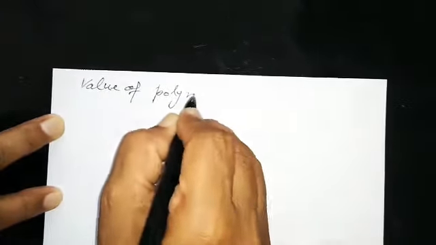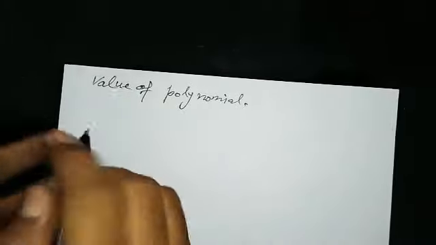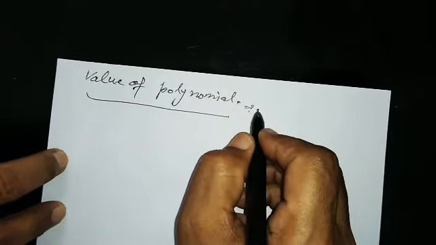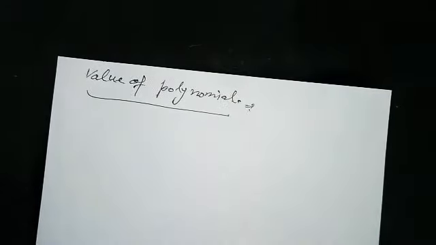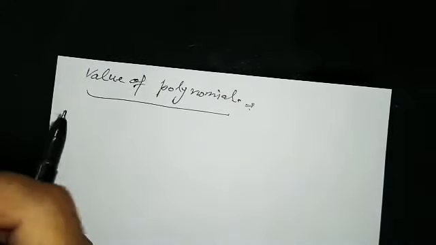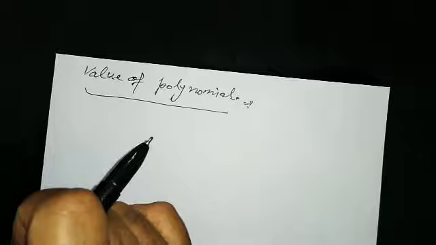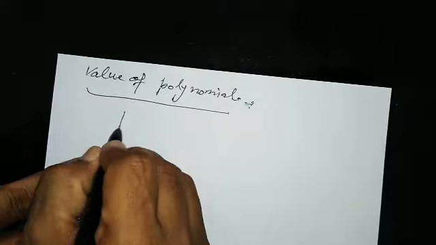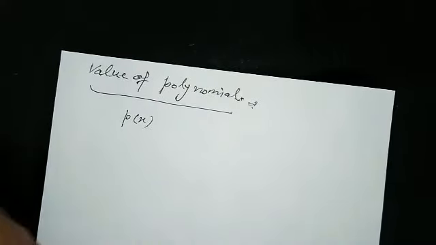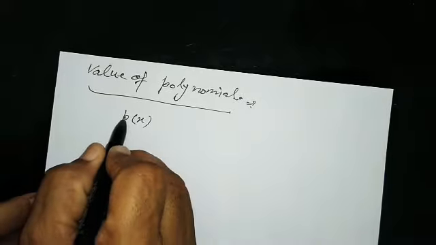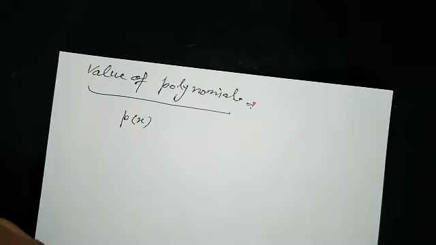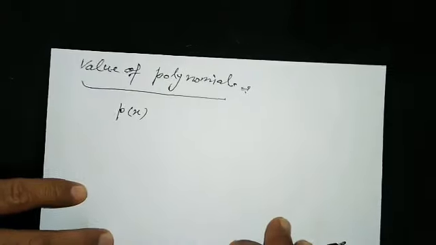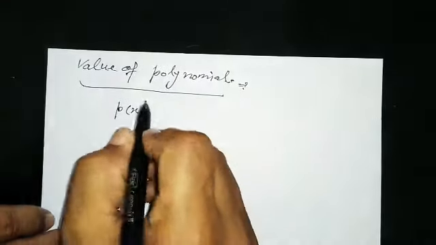Value of a polynomial. A polynomial can be expressed with a symbol. You know what is a symbol? Symbol is like that. You can say p(x). P means polynomial, or any name you can give, p(x), f(x), r(x), anything, that does not matter, but you can represent this expression with p(x).